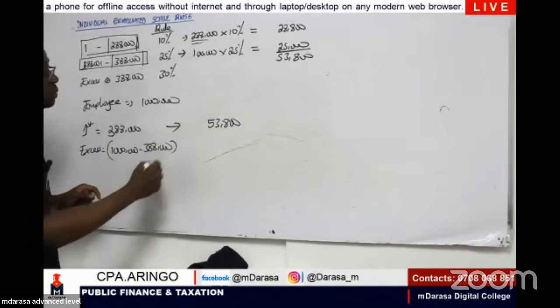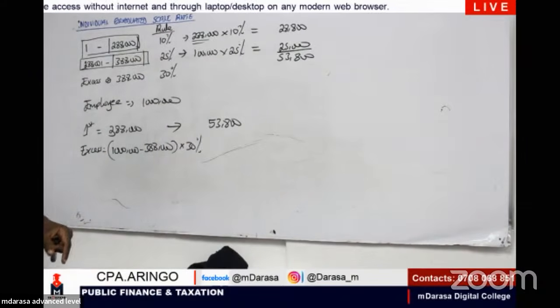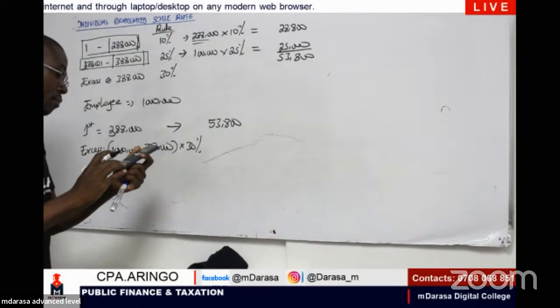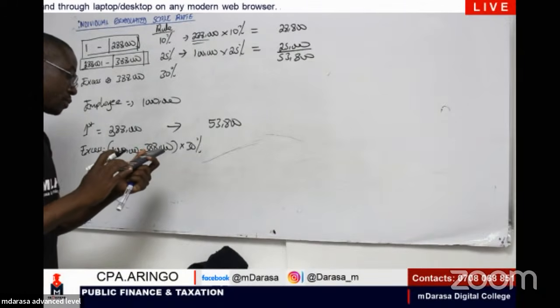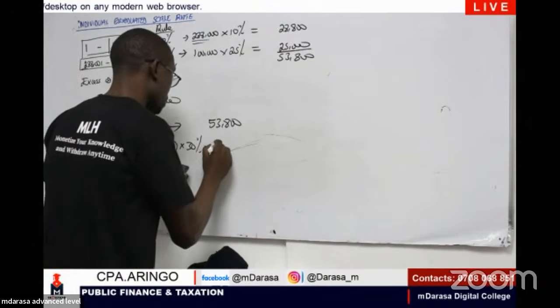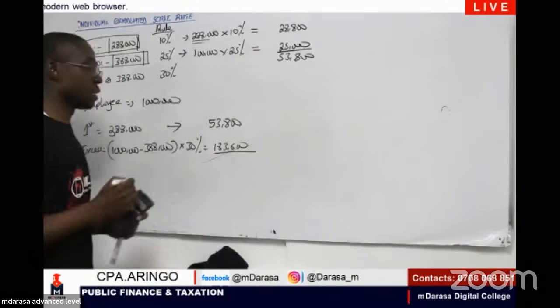This one is going to be subjected at the rate of 30%. So what will we be having here? 1 million minus 388,000 times 30% to give us 183,600.